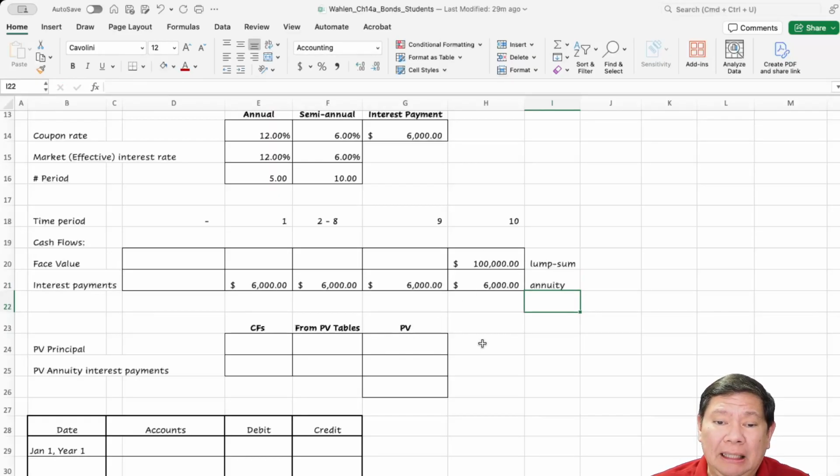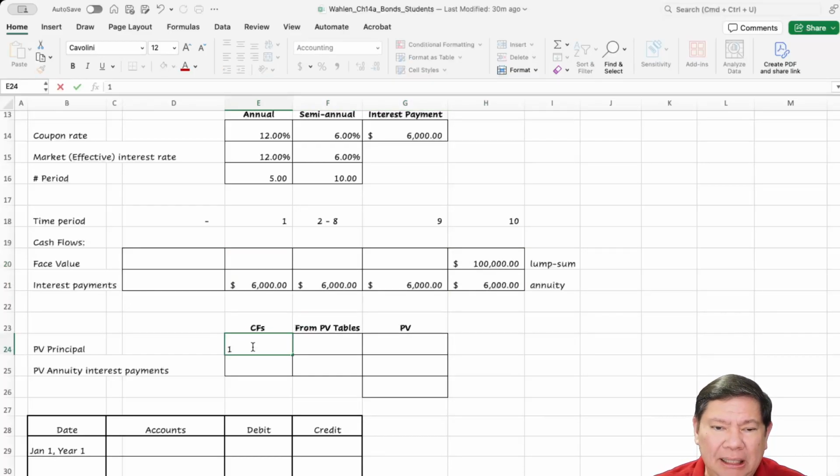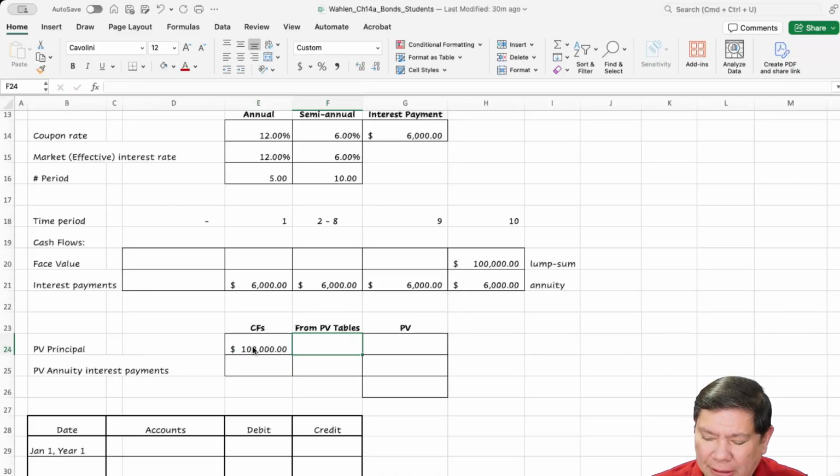So to calculate the present value of these cash flows, we're going to use two different tables. The first one is the present value of the principal, 100,000. So we're going to find 6% interest, 10 periods, from the table, because we're doing it semi-annually.